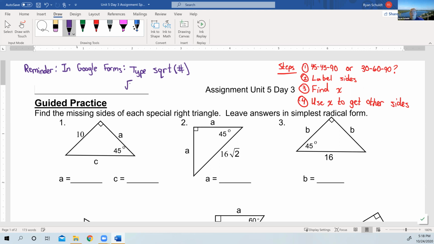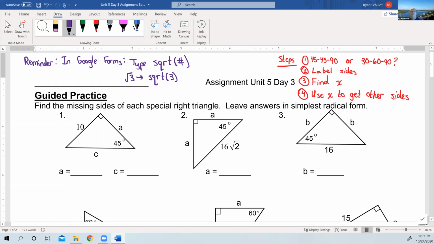So the square root of 3 means you would do square root of 3 in Google. Okay, now that those 2 are out of the way, let's actually look at the guided practice.